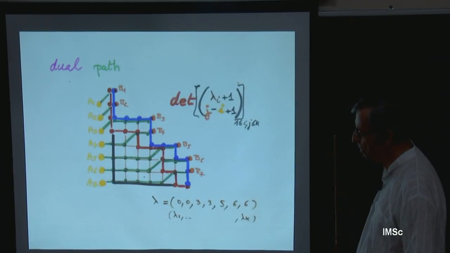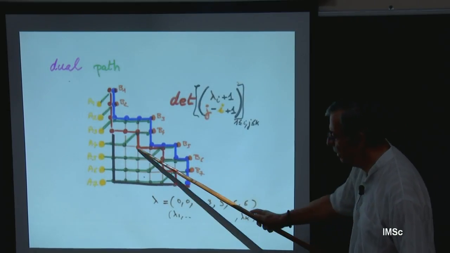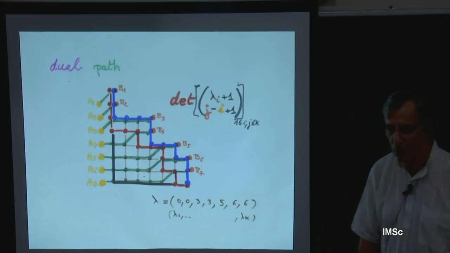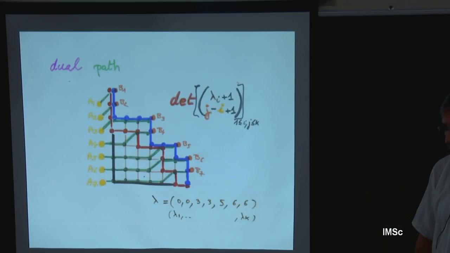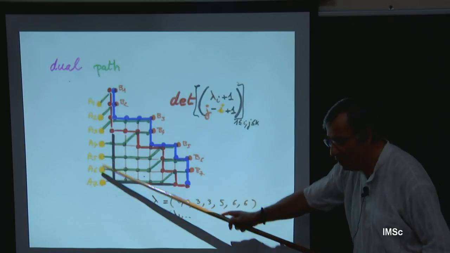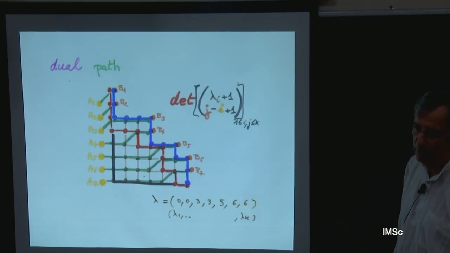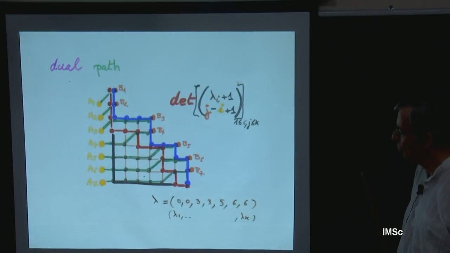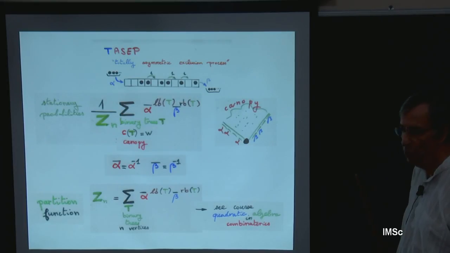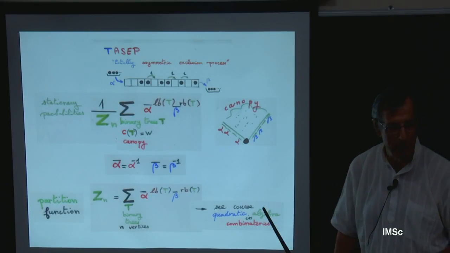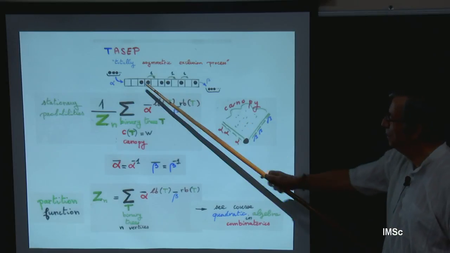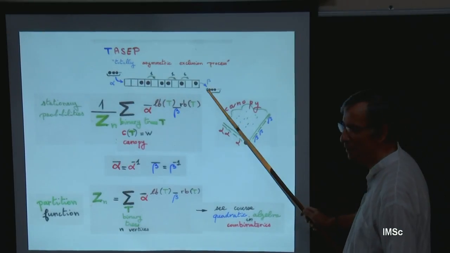So I have a bijection between the red path and the configuration of dual green paths, and this configuration of uncrossing green paths gives me the determinant. But if you remember, the TASEP was with 2 parameters, alpha and beta, the probability to get in and to get outside.